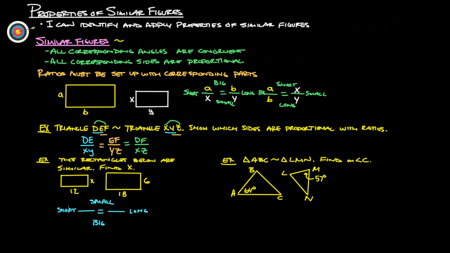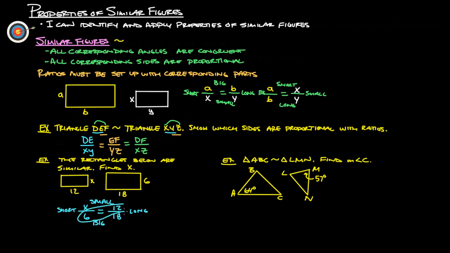So on the small rectangle, the short side is X and the long side is 12. On the big rectangle, the short side is 6 and the long side is 18. If you have one ratio equals another ratio, I would say your best bet is to do cross multiplication.